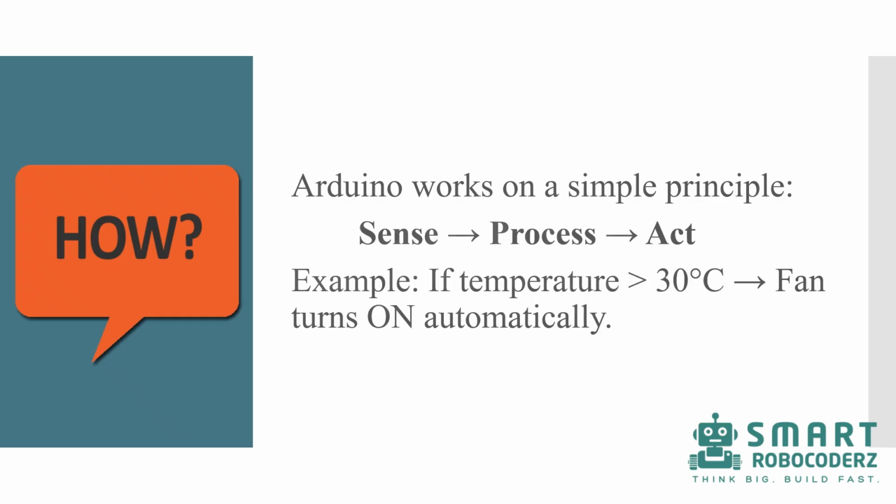If it exceeds 30 degrees Celsius, the fan turns on automatically. If it is less than 30 degrees Celsius, the fan turns off automatically. Arduino works just like the human body. It senses the environment, processes the information, and acts accordingly.